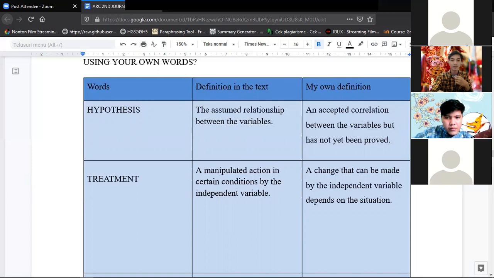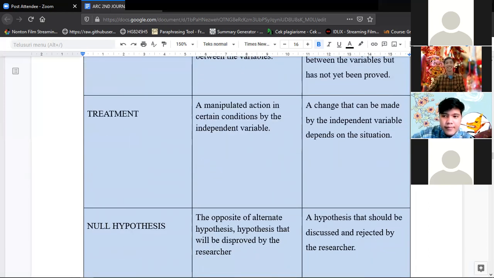Maybe you can just jump to your own definition to make it quick. Okay. Thank you. So the next is treatment. Treatment is a change that can be made by the independent variable, depends on the situation. Then there is null hypothesis. As I have said before, null hypothesis is a hypothesis that should be discussed and rejected by the researchers. So it's the opposite of alternate hypothesis.